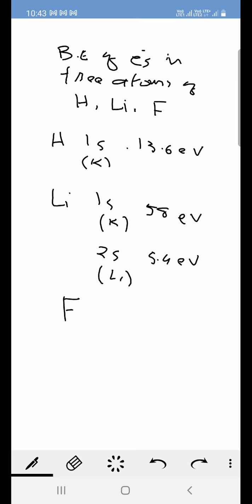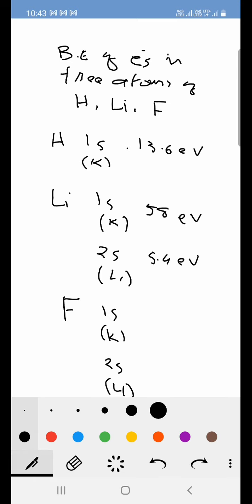For fluorine, on the other hand, we have three states. That is one state, the K state, 2s, that is the L1, and 2p. So 2p corresponds to two states, L2 and L3.